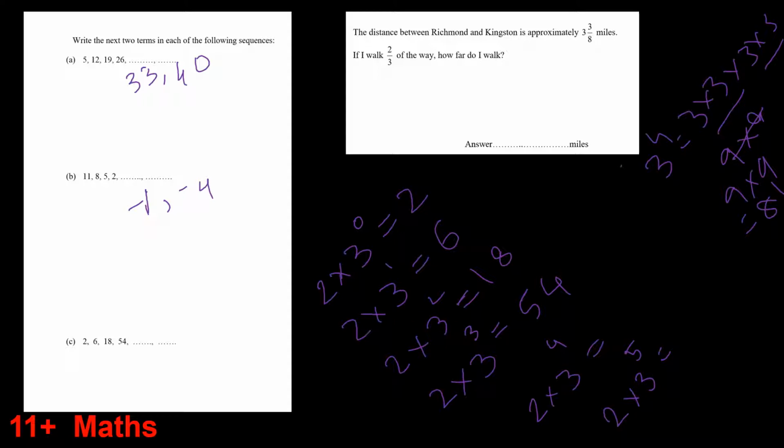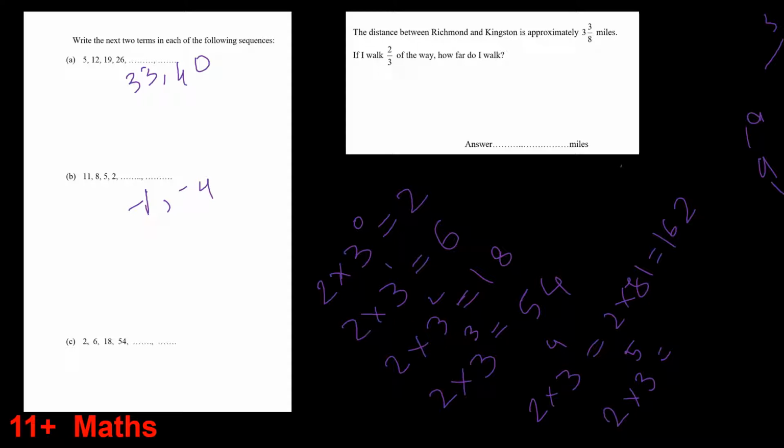Yes, I think that's correct. So we are doing 2 times 81. That is 162. 9 times 9 is 81, and 2 times 81 is 162. Okay, so that is the next number in the series.